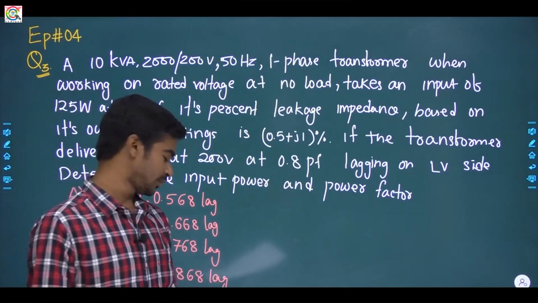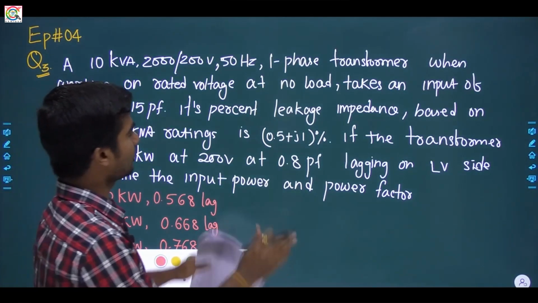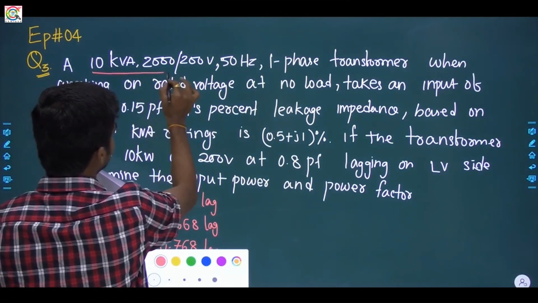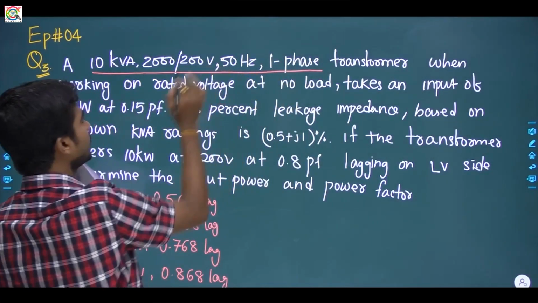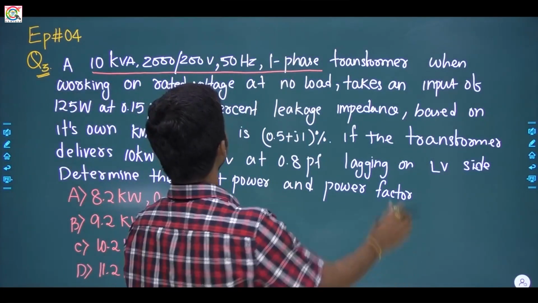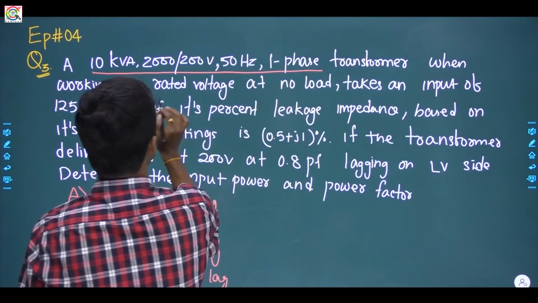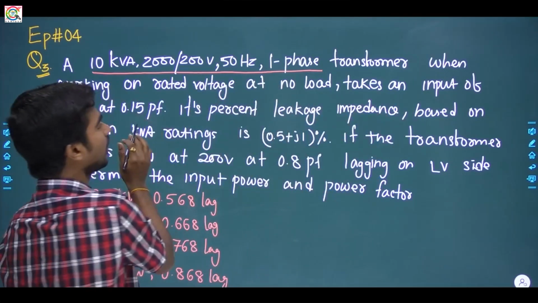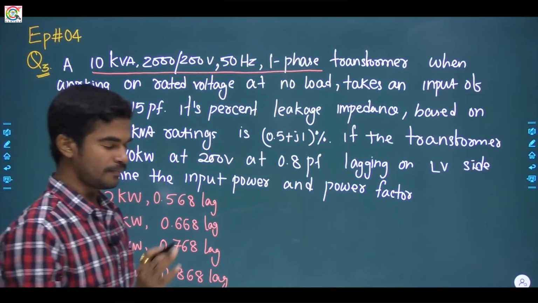First of all, let's understand the first statement. This is the specification of the transformer: its kVA rating, its voltage rating, its frequency rating. Next statement: when working on rated voltage at no load takes an input of 125 watt at 0.15 power factor.